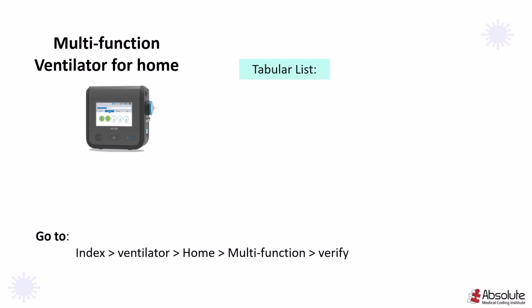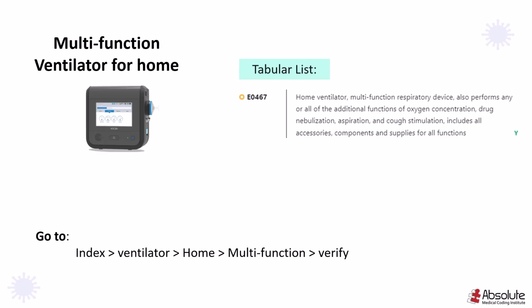your multifunction ventilator for home from those code series, and you will find that E0467 is coding for home ventilator multifunction respiratory device, also performs any or all of the additional functions of oxygen concentration, drug nebulization, aspiration, and cough stimulation, includes all accessories, components, and supplies for all functions.